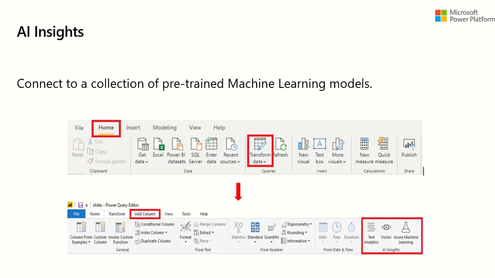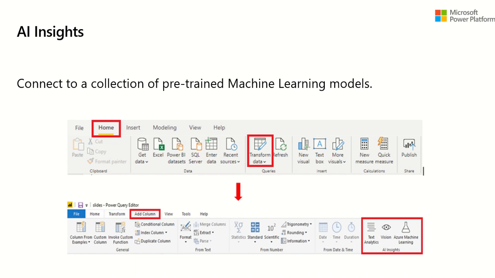We also have vision. Vision is also part of the pre-trained machine learning model. With vision, if you upload, for example, a picture, it will be able to understand what the picture is like.